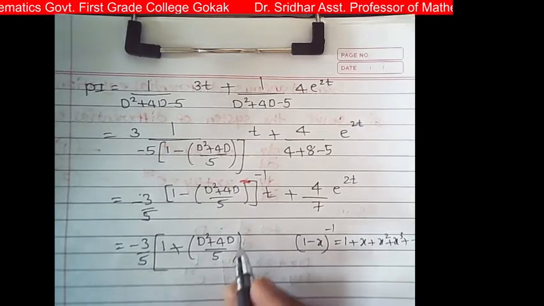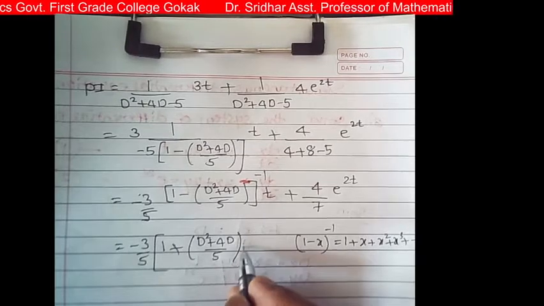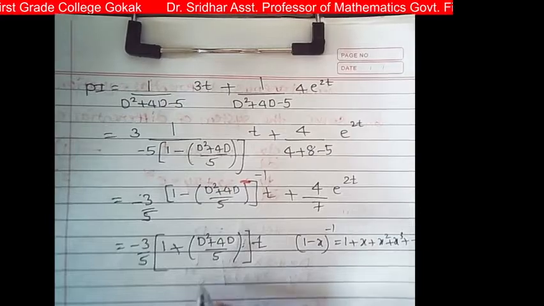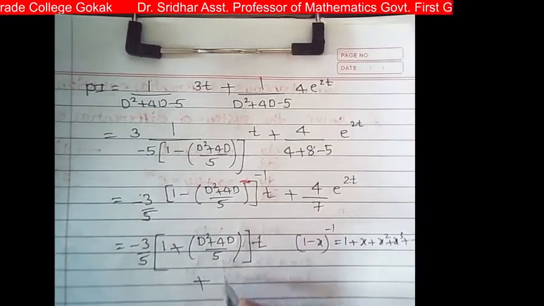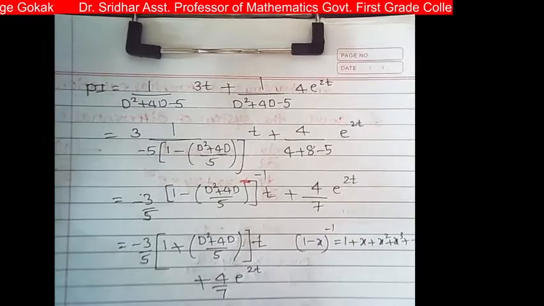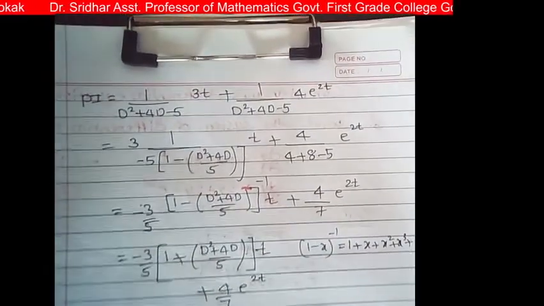So therefore I don't take the next terms, so raised to 1, which is to be operated on t, then plus this term I will write as it is, 4 by 7 e raised to 2t.